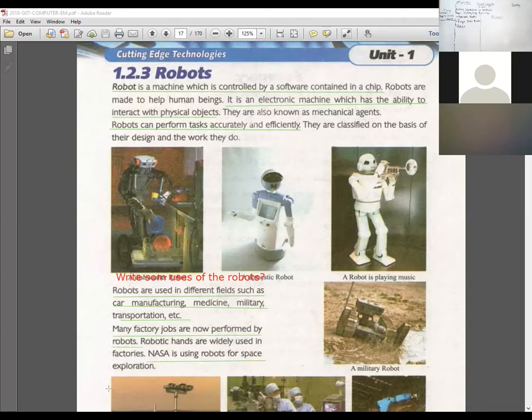NASA is using robots for space exploration. Okay, here are two questions on robots. You can underline them. Show me the thumbs up if you have done it.